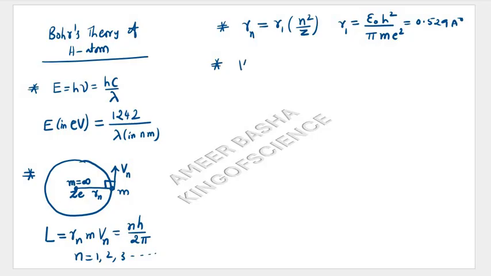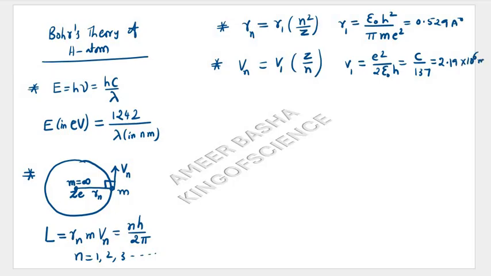The velocity of the electron in the nth orbit is V1 multiplied by Z by n. Here V1 is e square divided by 2 epsilon naught h. Its value is the speed of light divided by 137. After calculation it comes out to be 2.19 into 10 power 6 meter per second.